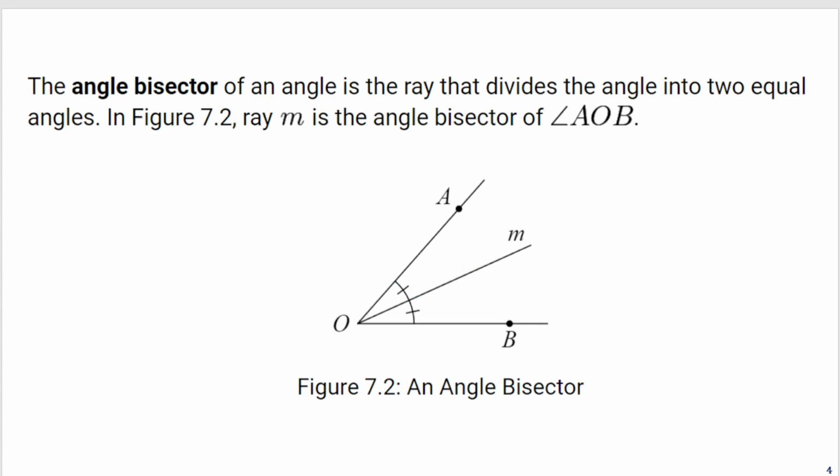This is an example of an angle bisector. Also a very straightforward concept, right? Any questions?